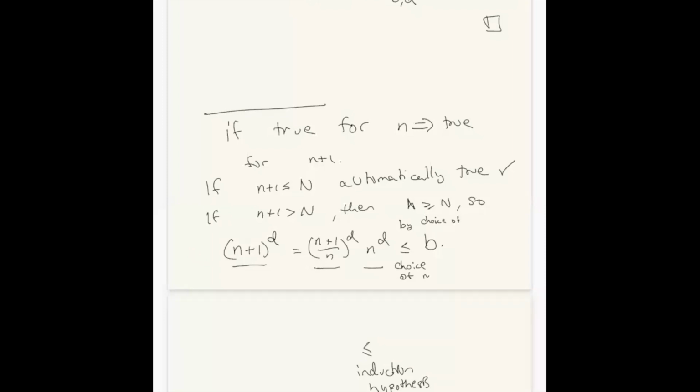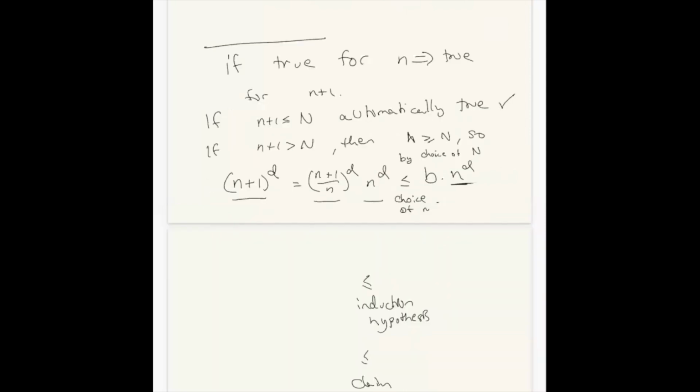And the second term, by induction hypothesis, is less, well, let's keep this separate. So first, the first factor is less than b, times n^d. And then by induction hypothesis, because the claim is true for n, we get b times C_{b,d} times b^n.